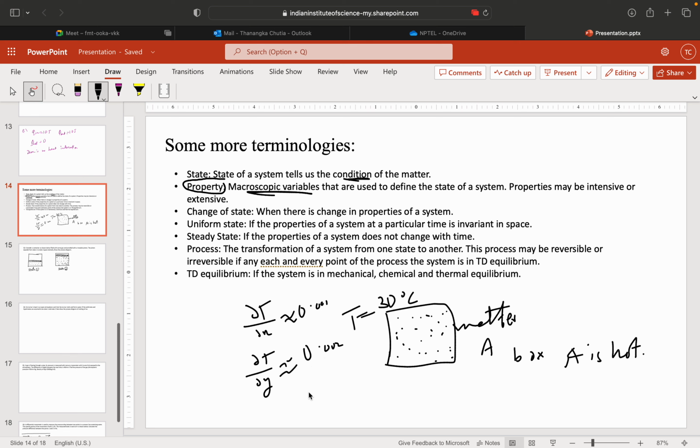If this is very, very small, you can easily neglect it. This may be some 29.9999, what effect will it make in your calculation? So it is better if you take the entire box as one, but this is not valid if this del T by del X is very, very large. You should keep this in mind. That is why the macroscopic approach of thermodynamics is studied.